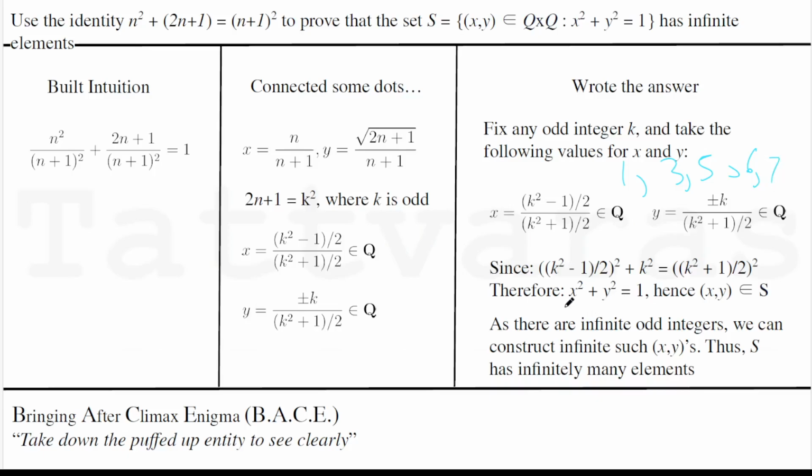So for each k, we can have this kind of construction that would give us a member for the set S. And that's how we say that the set S has infinitely many elements.